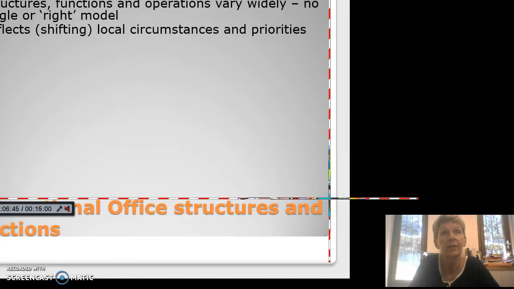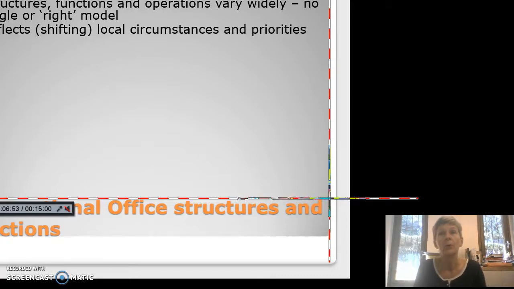If we think then a little bit more now about the structures and functions of international offices and how these are changing with a more strategic, more comprehensive approach. Of course, we know that these vary widely. We know that there's no single or right model for internationalisation, that they will reflect your local circumstances and the institutional priorities.